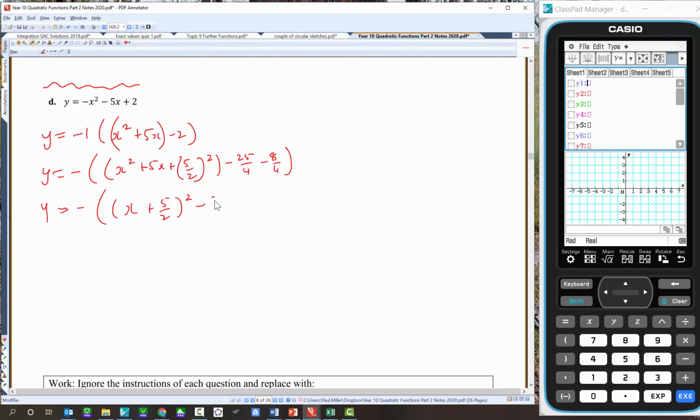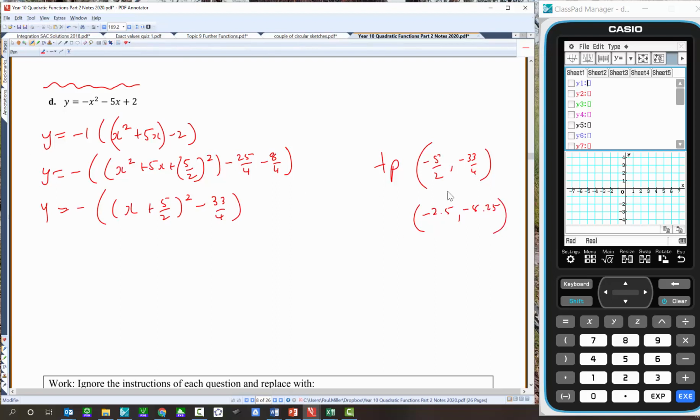Negative 33 on 4. Okay, so here's the mistake that students make. So students will say that the turning point of this function here is negative 5 on 2, so it goes 5 on 2 to the left, and 33 on 4 down. Okay, and so that's roughly negative 2.5, and negative 33 on 4 is negative 8.25.